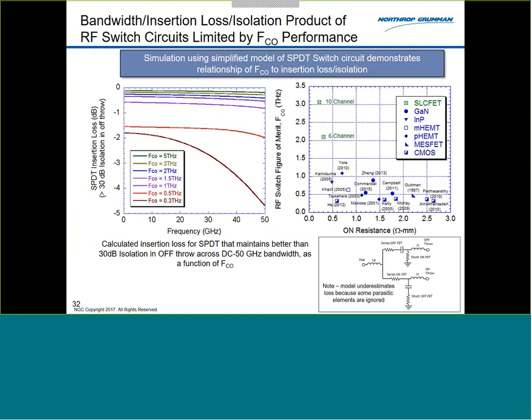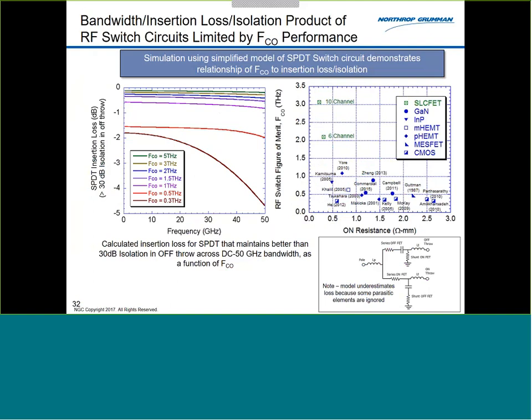I won't spend too much time on this. This is an illustration of what FC0 means. On the plot on the right, I show a comparison of FC0 versus what other people have reported their technologies to be at. The plot on the left is looking at a simple model of an SPDT switch, of what kind of FC0 you would need to hit a certain performance.